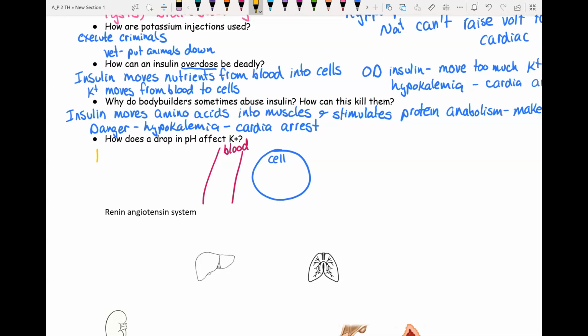So remember, a drop in pH means you have too many hydrogens. So that means we have a lot of hydrogen here in the blood. So the hydrogen is going to diffuse. You create a high concentration of hydrogen in the blood. So some of that hydrogen will diffuse into the cell where there is a low concentration of hydrogen.